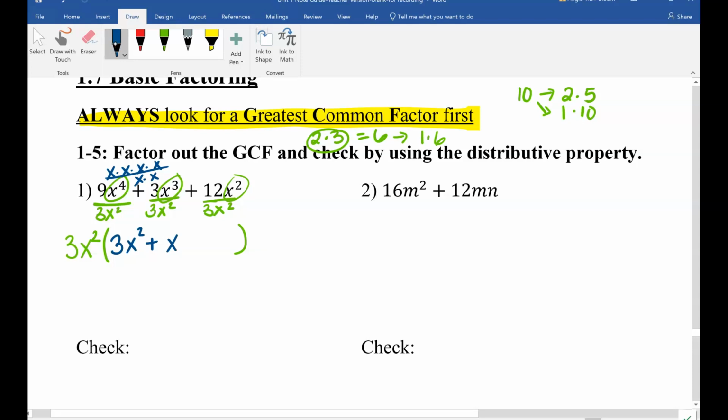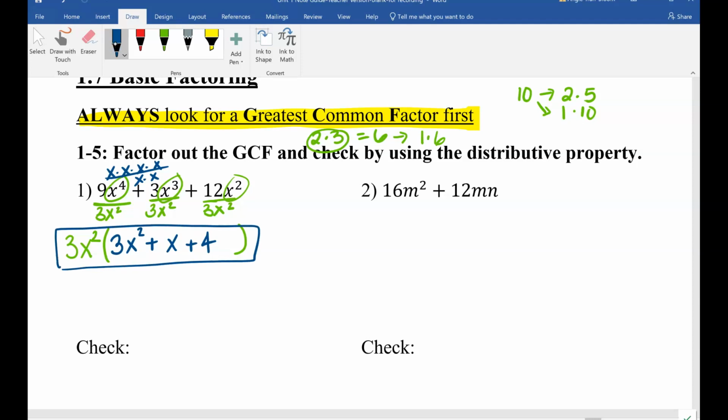So we can keep it there, but we don't have to. Next, 12 divided by 3 is 4. x squared divided by x squared again technically is 1, but 4 times 1 is already just 4. So this is how we factor the GCF.